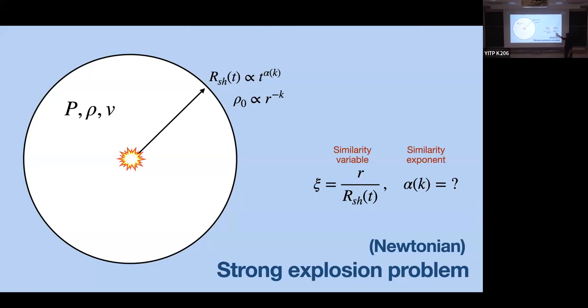And the unknown similarity exponent that I need to find in order to transform my PDEs into a set of ODEs is this alpha that characterizes how the shock evolves with time. So I need to find this alpha parameter in order to get the ODEs that I will then solve and perhaps obtain an analytical solution or a numerical solution, but anyway, it will be much simpler than solving the PDEs.